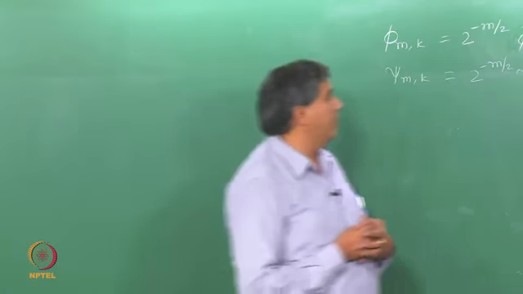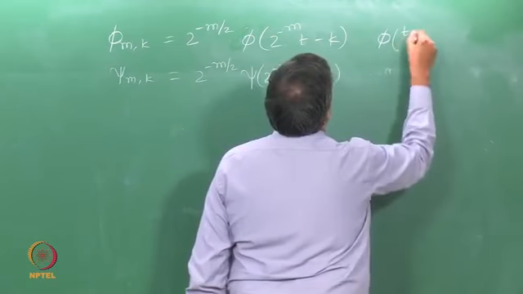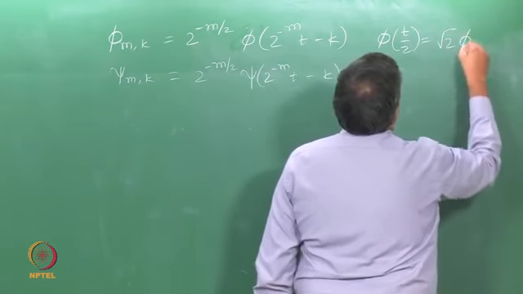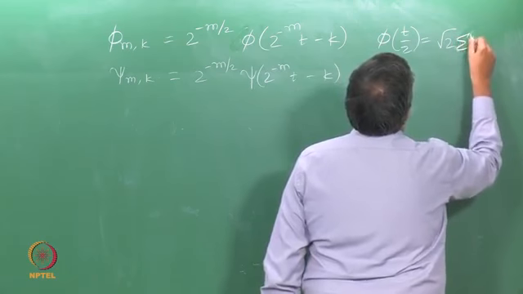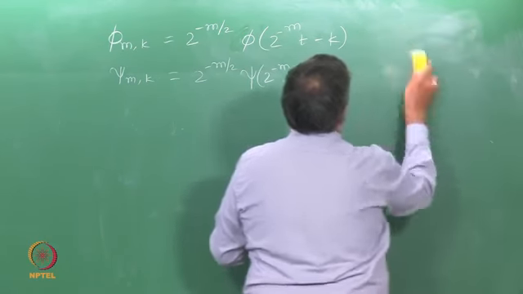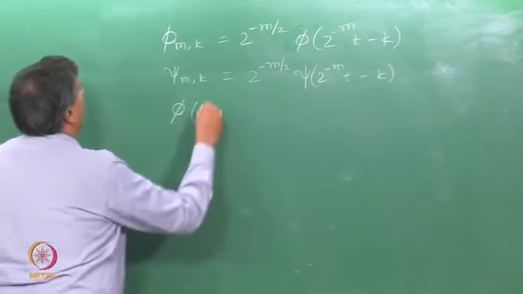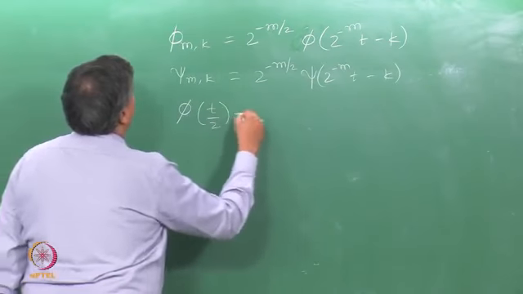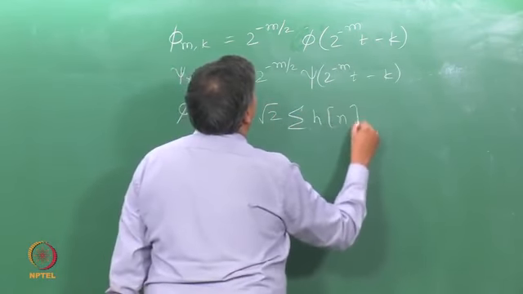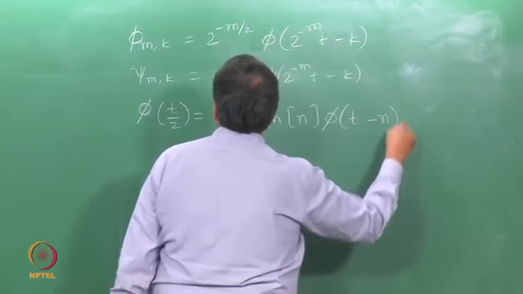In fact, what we had seen earlier is that phi of t by 2 is root 2 sigma h n phi of t minus n.